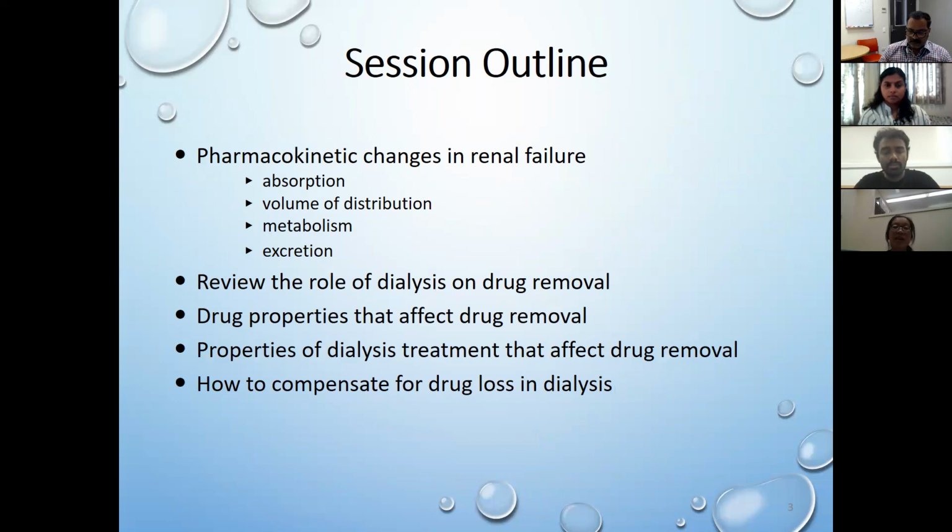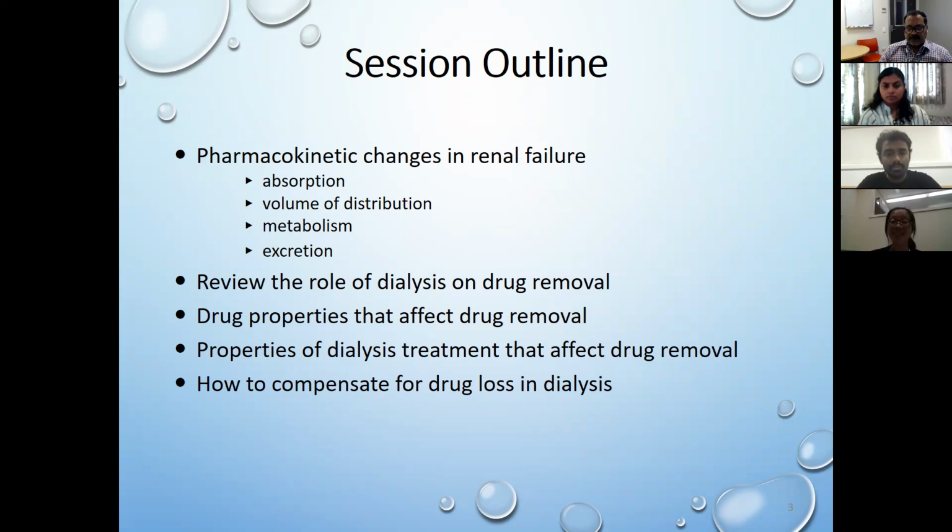Cool. So the session outline: I'm going to go through some pharmacokinetic changes which we expect in renal failure. That's your absorption, volume of distribution, metabolism, and excretion, which are all factors which affect the drug concentrations in the patient's body. Then we're going to look at how dialysis can remove drug and the role of it.